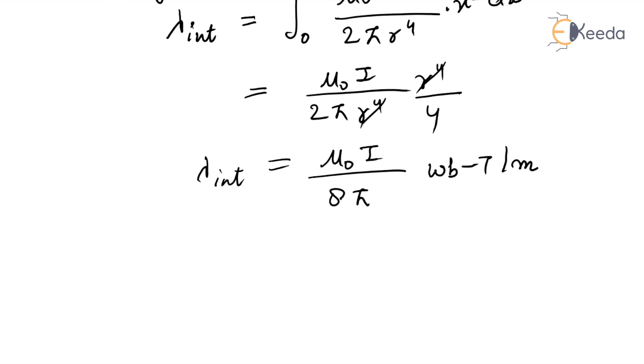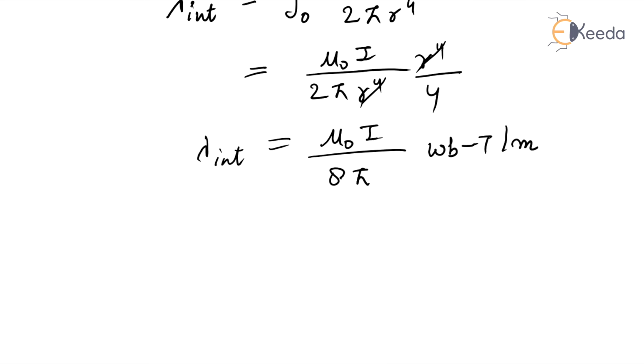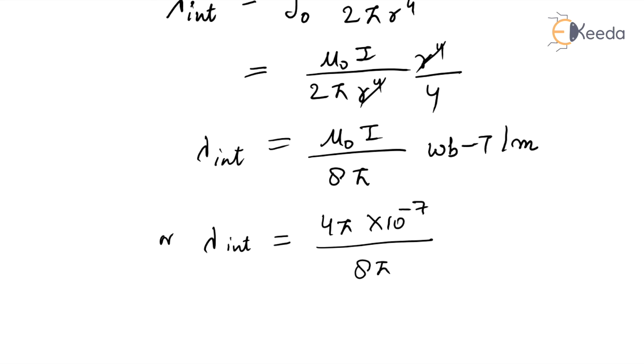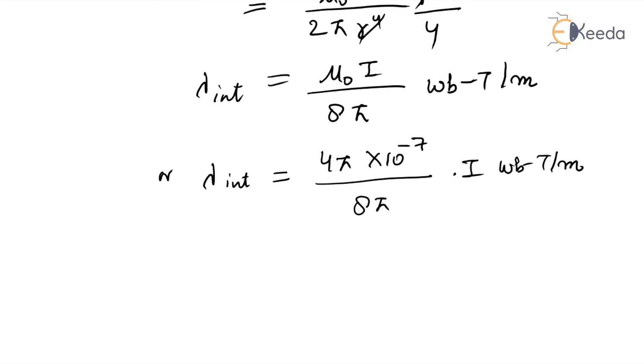We know the value for mu naught is 4 pi into 10 to the power minus 7. So lambda internal is equal to 4 pi into 10 to the power minus 7 upon 8 pi into I Weber turn per meter.